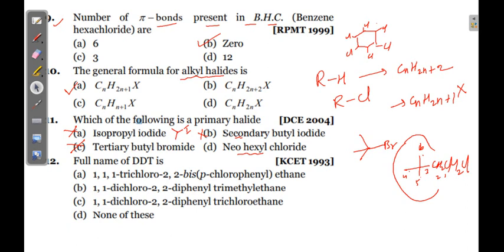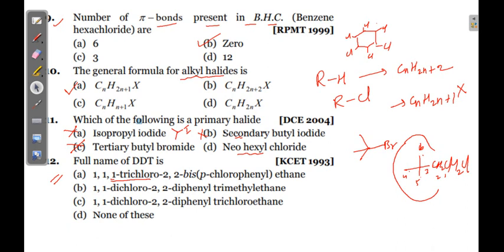Next, the full name of DDT. It is a direct question, you have to know this. Dichlorodiphenyltrichloroethane. Trichloro means 1,1,1. See here, trichloro is only on one carbon. Then 2,2-bis(parachlorophenyl)ethane.